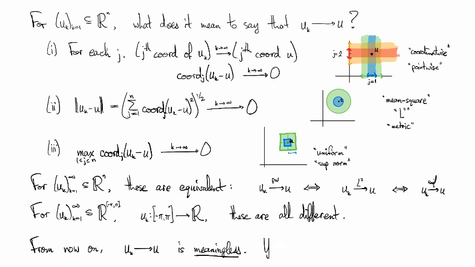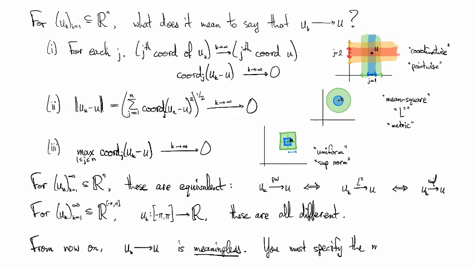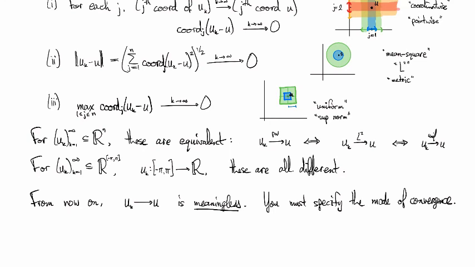You have to specify the mode of convergence, or the type of convergence, or the topology of convergence, whatever you want to call it, the way in which it converges. Does it converge pointwise, in L2, or uniformly? Because different questions have different answers.